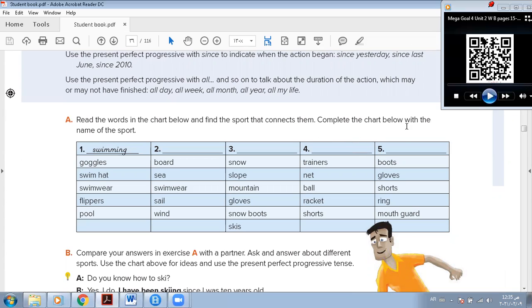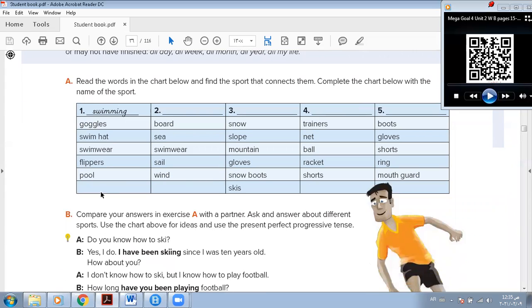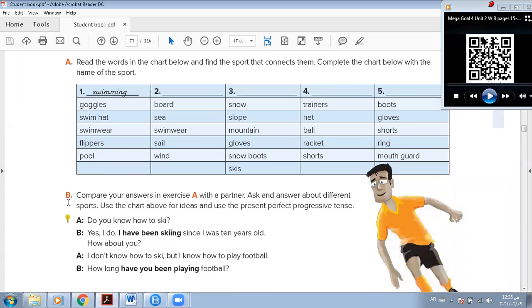Complete the chart below with the name of the sport. And in exercise B, I want you to compare your answers in exercise A with a partner. Ask and answer about different sports. Use the chart above for ideas and use the present perfect progressive tense.